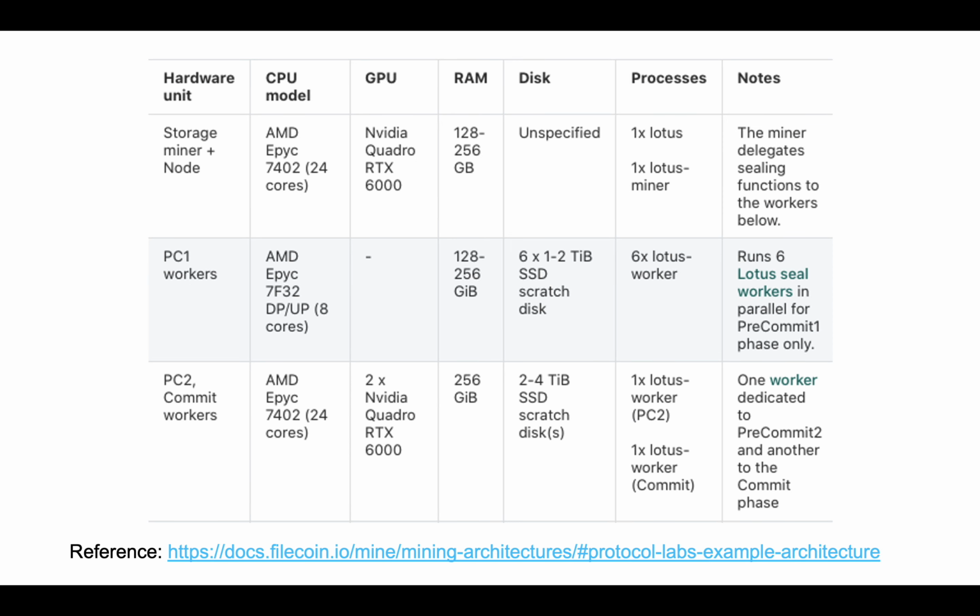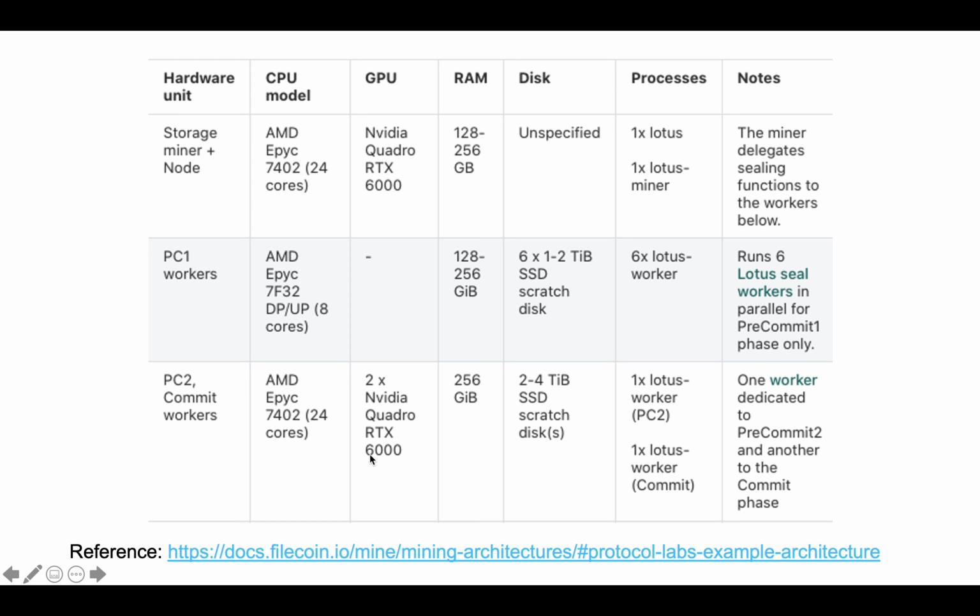And here are 2 example architectures provided by Protocol Labs. The first one is an AMD-based architecture. The Lotus node and Lotus miner are running on the same machine. There is one machine without GPU to do pre-commit phase 1 jobs, and another machine with 2 GPUs to do the other phases of jobs, for example, the pre-commit phase 2, commit phase 1, and commit phase 2.